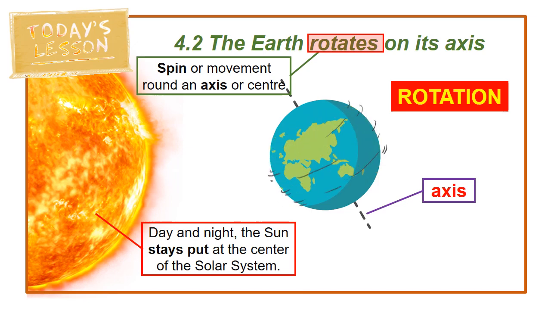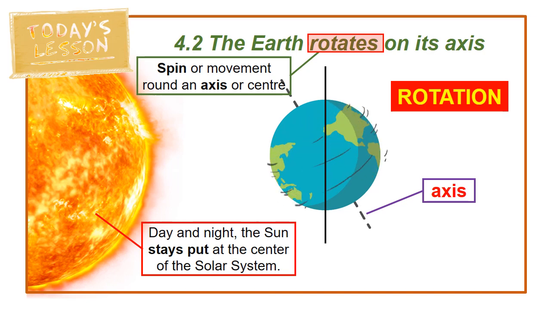It is an imaginary line from the North Pole to the South Pole, and it is tilted. How much? If we draw a vertical line that divides the earth into equal halves, then the axis is tilted at 23.5 degrees, or simply 23 degrees.